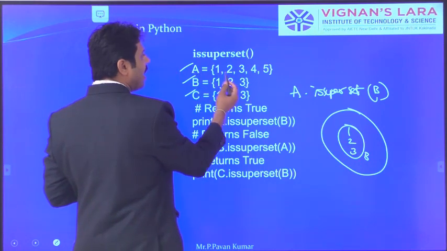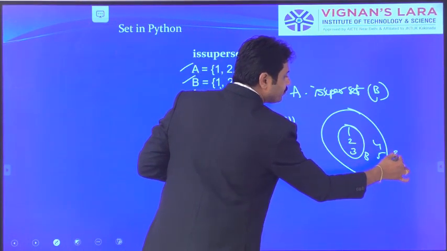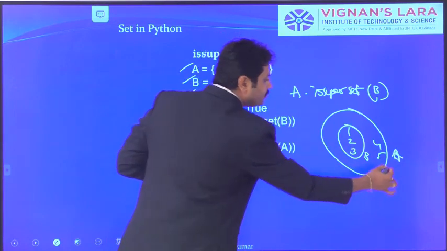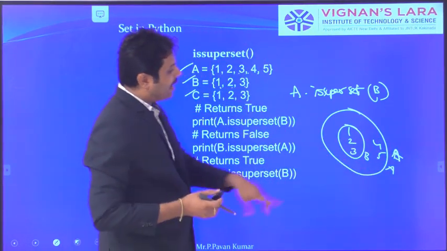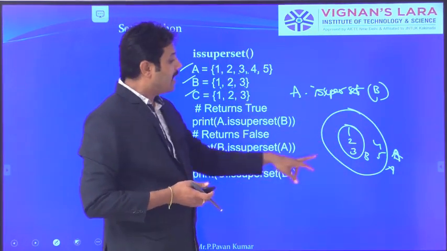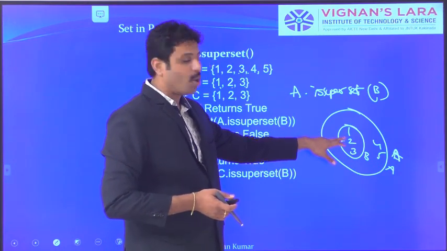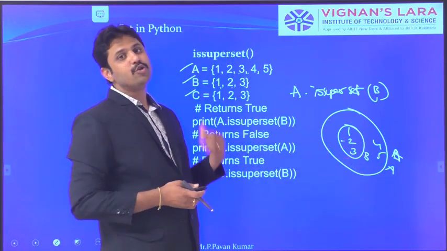And let us take A. It contains 1, 2, 3, 4, 5 also. A is a superset of B. Yes. That means the values which are in B are also in A. That's why it is a superset.